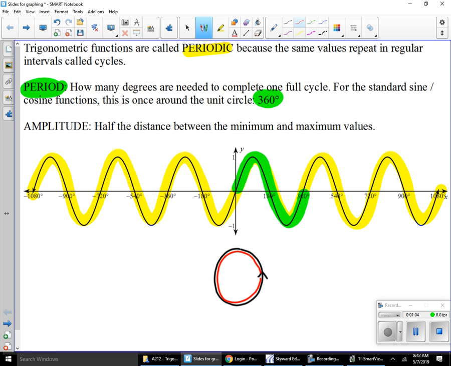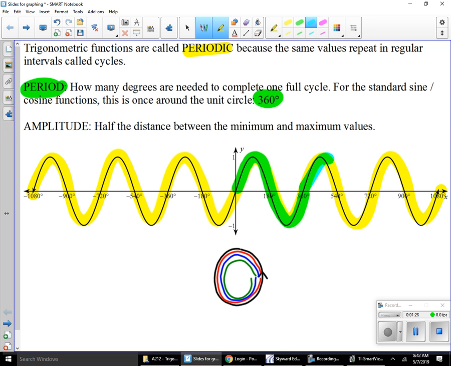The reason the functions are periodic is you could think about angles that go beyond 360: 361, 362, 363, forever and ever. If you've ever done any skateboarding or watched any X Games, you'll hear them talk about doing a 720 or a 1080. That's just going around the circle over and over again.